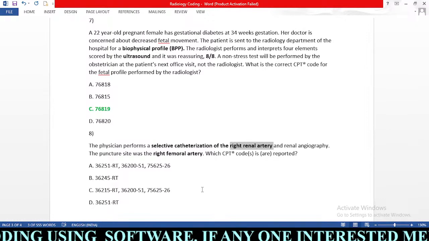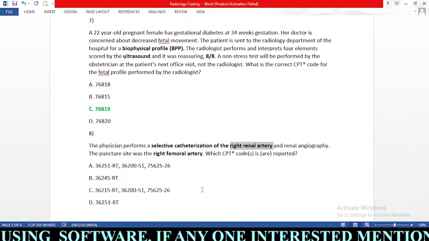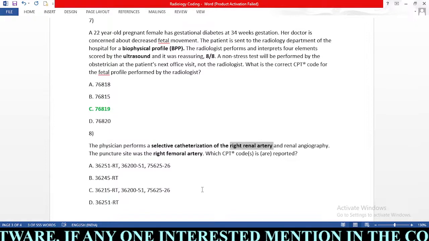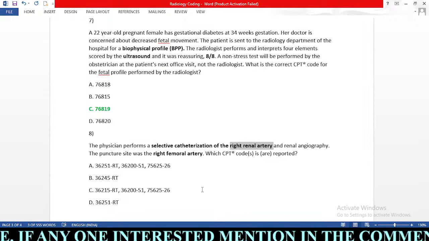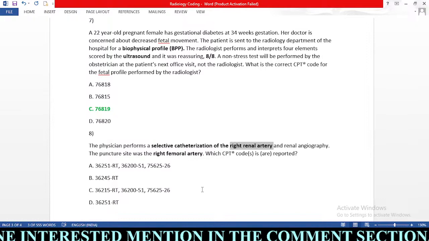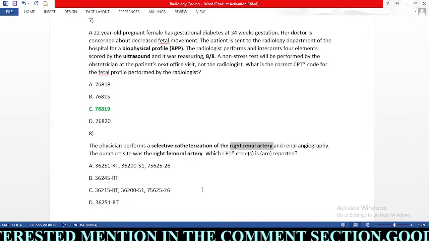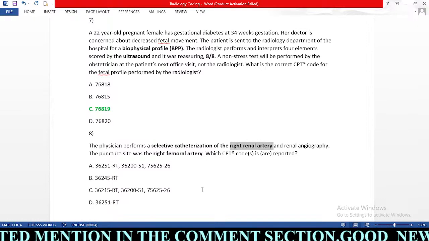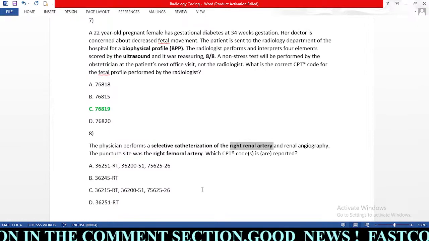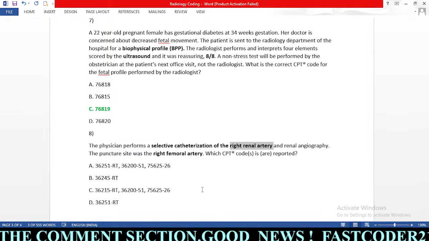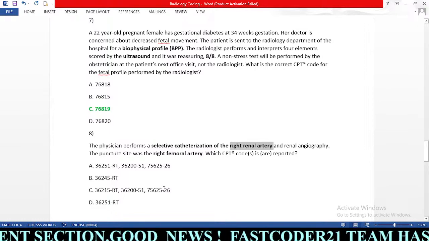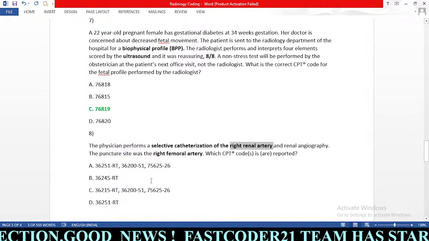After the aorta, we get the first order main renal artery and accessory renal artery for renal angiography, including arterial puncture and catheter placement, fluoroscopy, contrast injection, image post processing, permanent recording of images, and radiological supervision and interpretation, including pressure gradient measurements when performed, plus aortogram when performed, unilateral. So the physician has performed a unilateral procedure, and the femoral artery puncture site is all included in 36251.